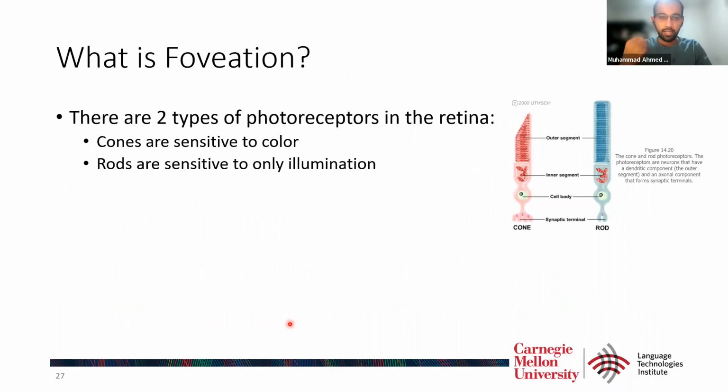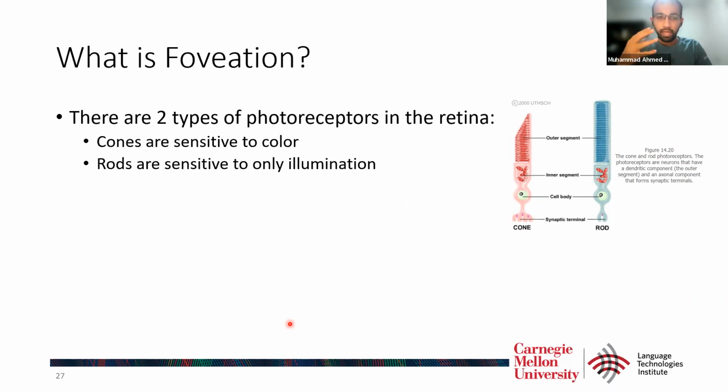In our eyes, on the retina, that's the film on which the image is formed, there are 2 types of photoreceptors. One of them are called cones. They are sensitive to color, and they are concentrated in the center of the retina, where you see the most high resolution. And then the second type of photoreceptors are called rods, and they are sensitive only to illumination.